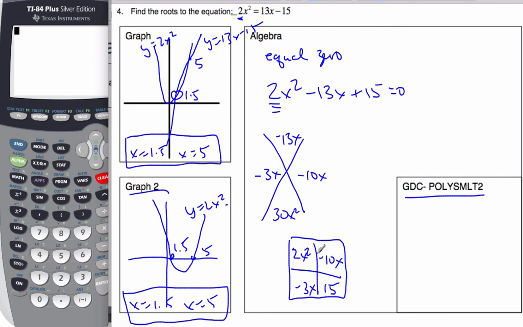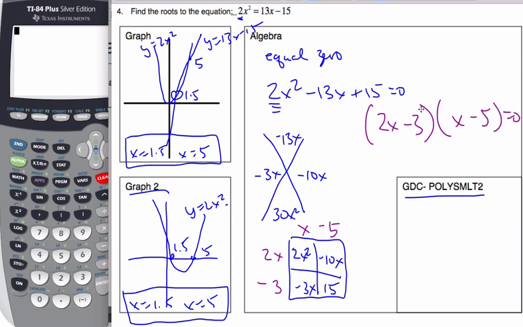Between these two, I have a factor of negative 5. Here, I get an x. Going here, I get a 2x, and going here, I get a negative 3. Putting it all together, it factors to 2x minus 3, parenthesis, x minus 5 is equal to 0.